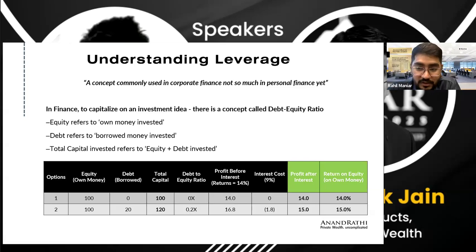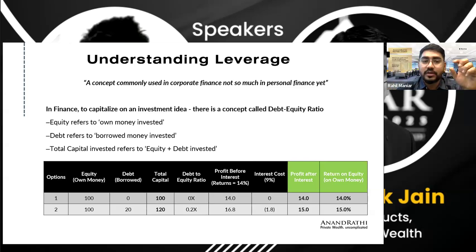But I had borrowed 20, so there's a cost involved. The cost is 1.8. If I exclude the cost, the net return is 15. So profit after interest is 15. Now if I compute my return on equity, it is 15 divided by my own money, which is 100, so 15%. So by having that 20% leverage, it can increase the IRR by 1%.